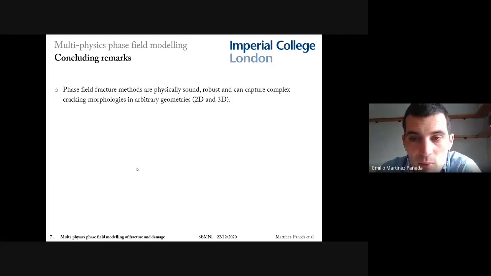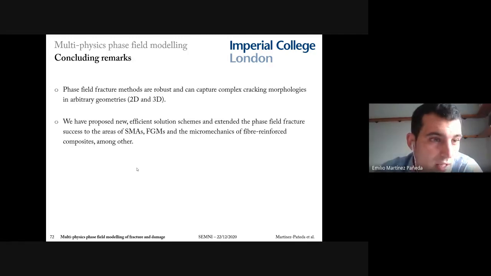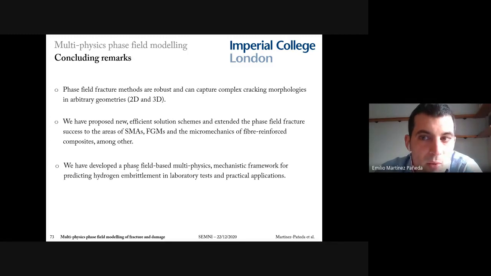Also, secondly, we have had a lot of fun with this technology, and we have tried our best to contribute to the phase field fracture community by developing new phase field fracture formulations for shape memory alloys, functionally graded materials, and fiber reinforced composites, among others. We have also exploited this phase field paradigm to tackle the long-standing challenge of predicting hydrogen-assisted fracture.